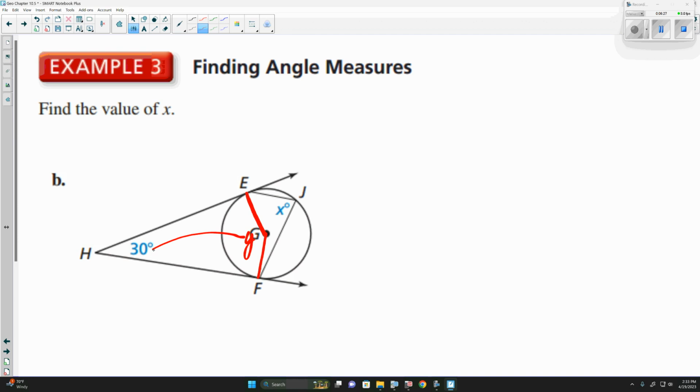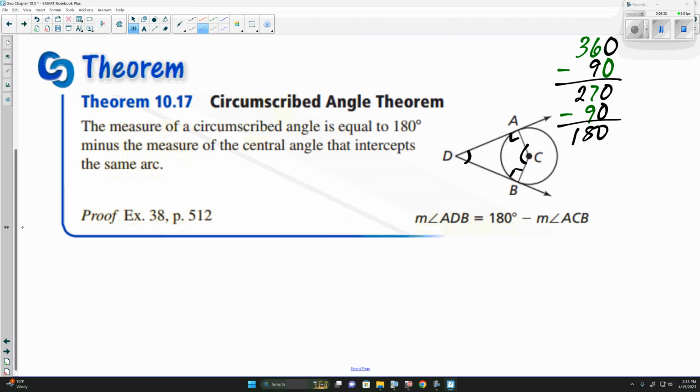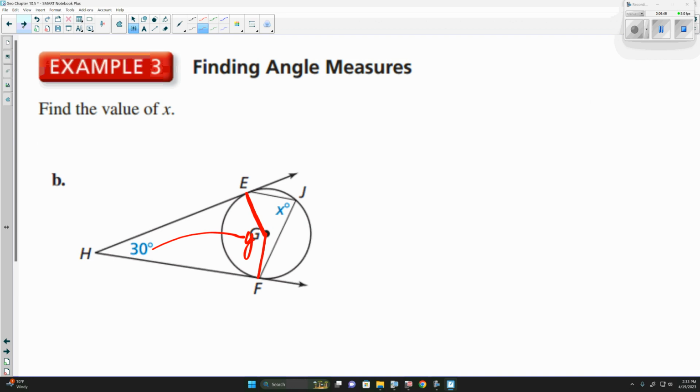Because the central angle, as we just had, the measure of the central angle and the intercepted arc are the same. So this and this here add together to be 180. So here, the central angle y and 30 should add together to be 180. So we're saying y plus 30 is 180.